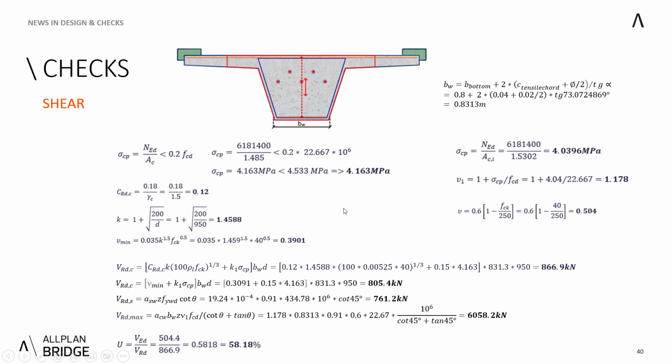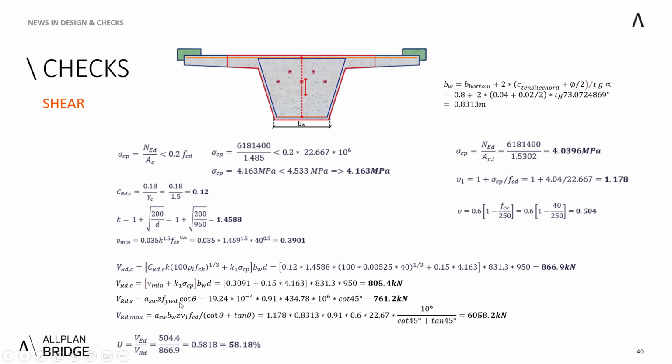And all those partial results, which you can see here, are then used to calculate the pure concrete resistance, meaning without shear reinforcement. This value is then compared to the shear force acting, which in this case was 504 kilonewtons. So therefore, only the concrete would be sufficient. Also, there is this minimal one, 805, so we take this one.